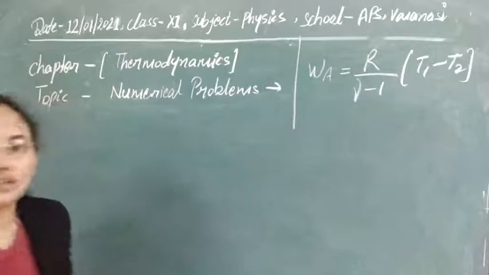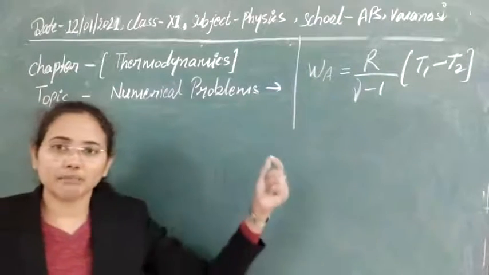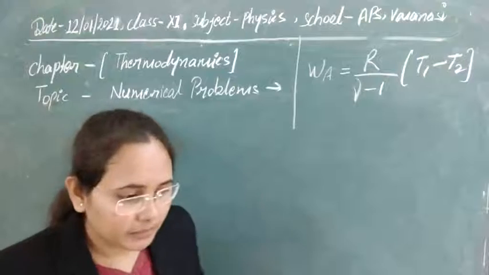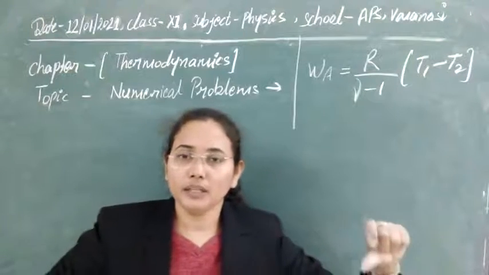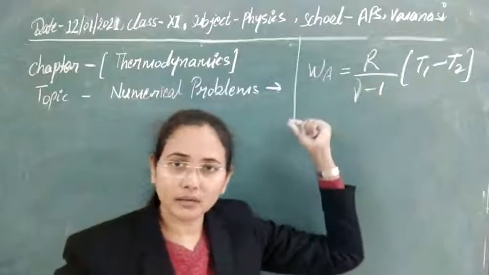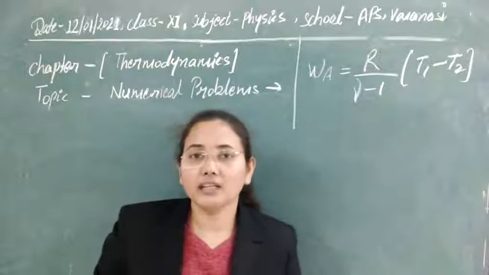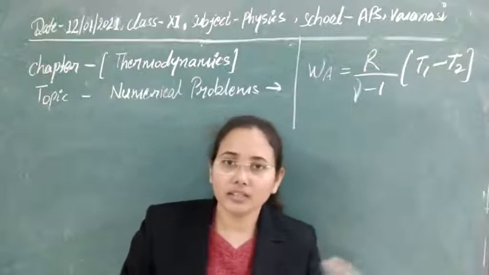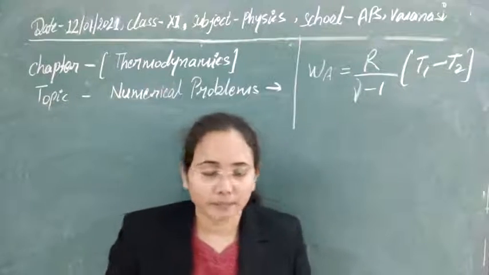This is the work done whenever there is a change in temperature, means if the temperature changes from T1 to T2, then if the atomicity of the gas is known, you can calculate the work done in expanding the gas adiabatically or compressing the gas adiabatically.